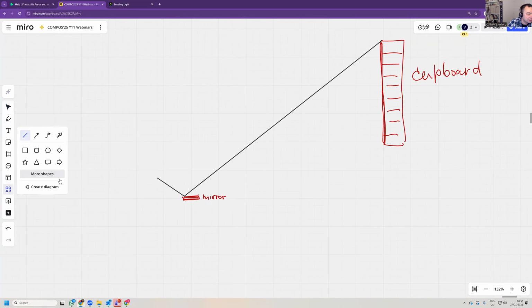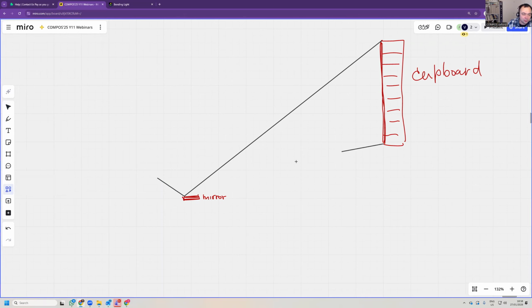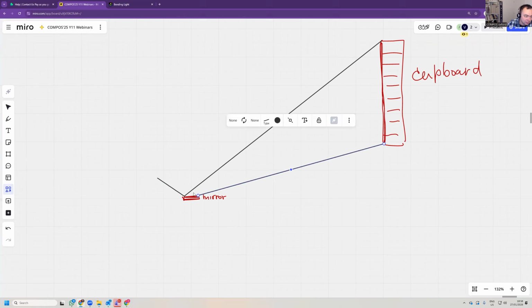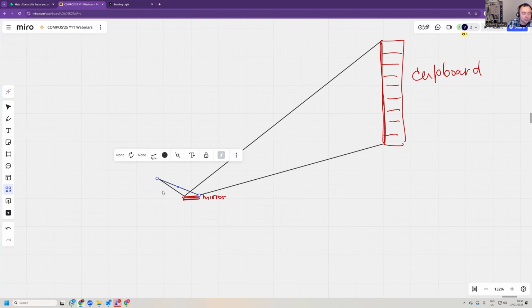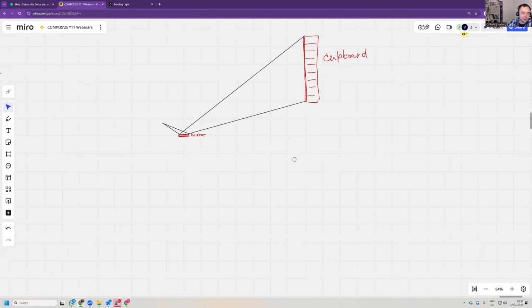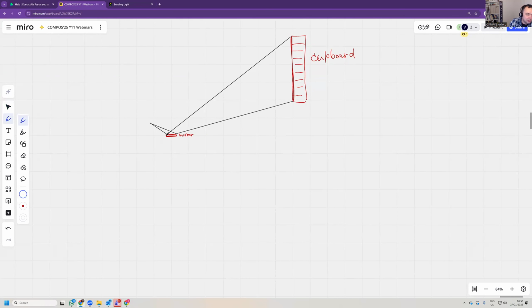And from the bottom, something like that. But if you draw the lines, the light bounces off the mirror and into your eyes.